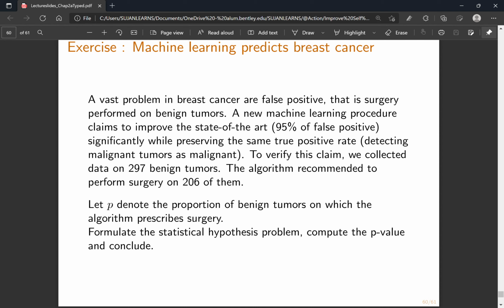Now let's dig into the case. The vast majority of positive results in breast cancer are false positive. That is, surgeries are performed on benign tumors.